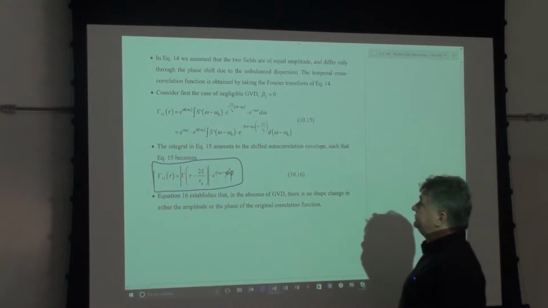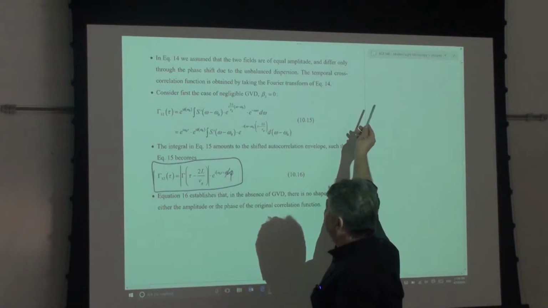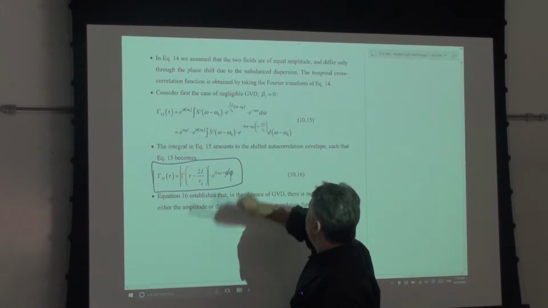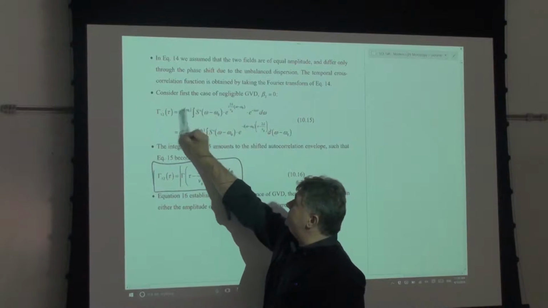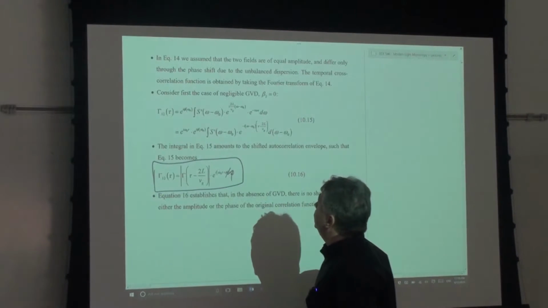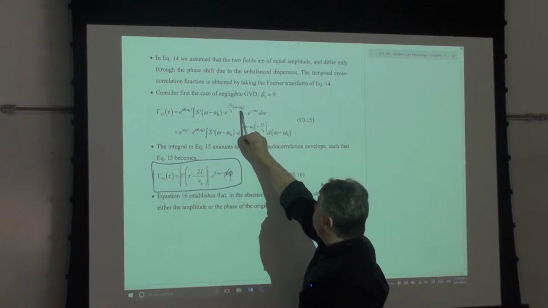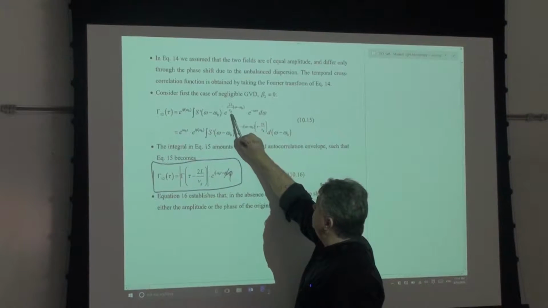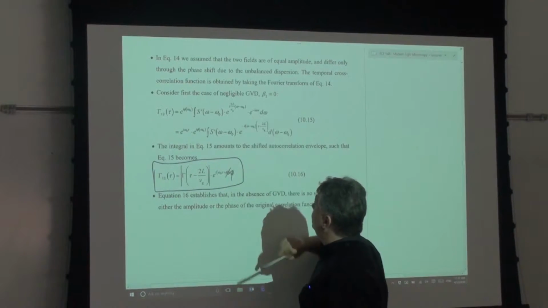Okay, so I think I took them term by term. So the first term, the zero order term, is just here. So this really doesn't matter. The first order term gives me 2L over Vg. So this is the group velocity, the Fourier transform of this whole thing.